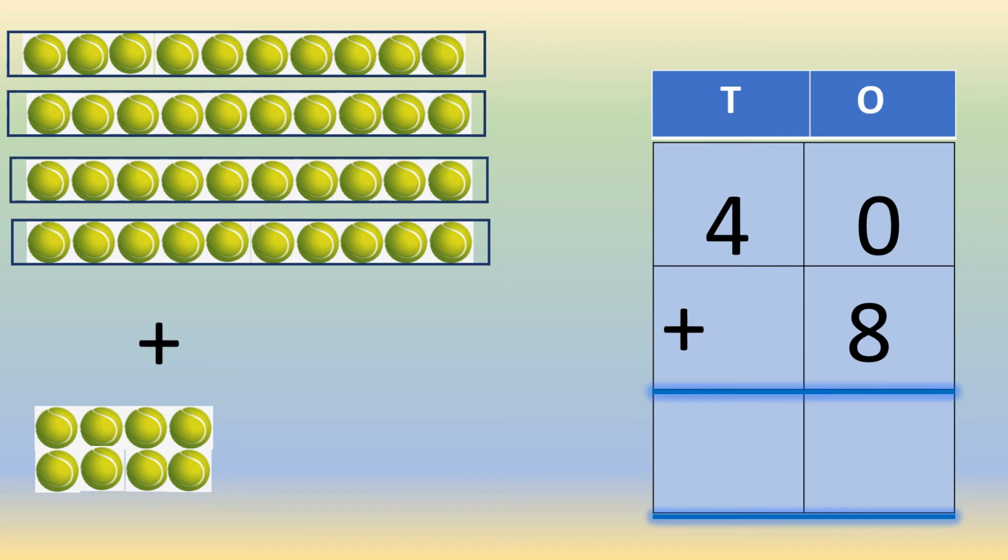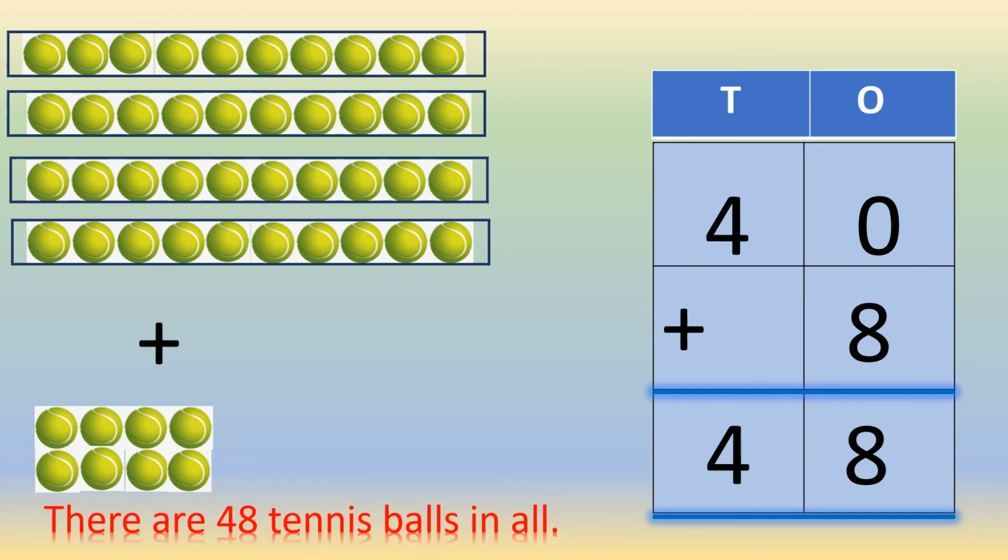Now we can add the two numbers. In the ones column, we have 0 and 8. So we are going to add 0 plus 8 will be 8. And since there is no other digit below the 4 in the tens column, we are going to bring the 4 down as it is. So we get the answer as 48. So we can say there are 48 tennis balls in all.